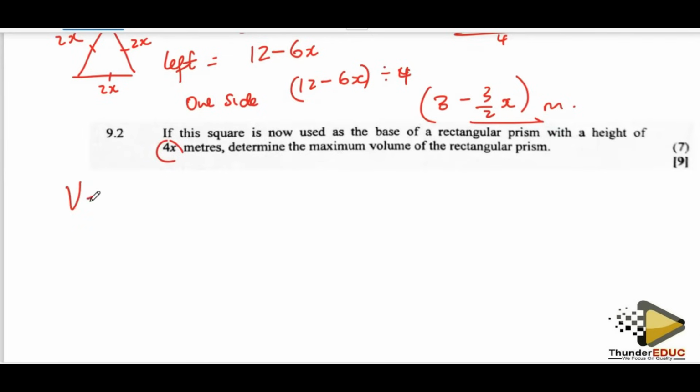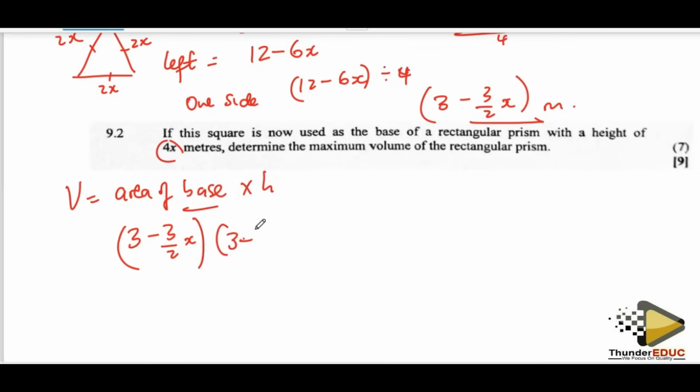So one thing we know about volume is that we must get the area of the base, and then we multiply that area by the height. Since the base is a square, the area is going to be 3 minus 3 over 2x multiplied by 3 minus 3 over 2x. Then I'll multiply by my 2x.